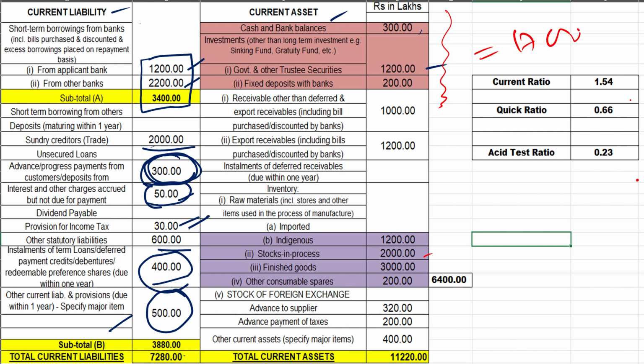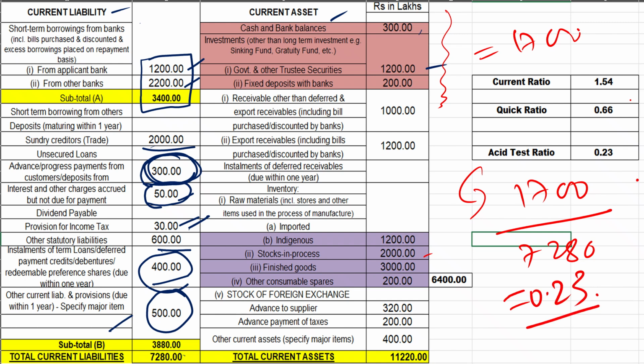So acid test ratio is 1700 divided by 7280. It will come around 0.23.